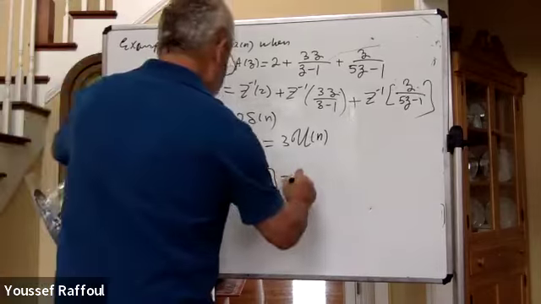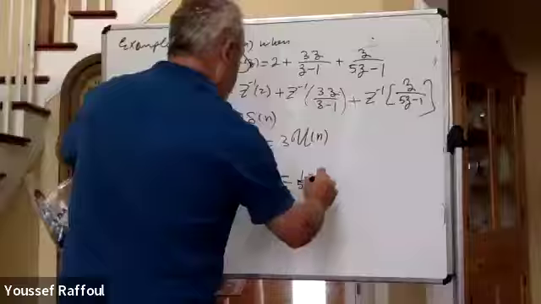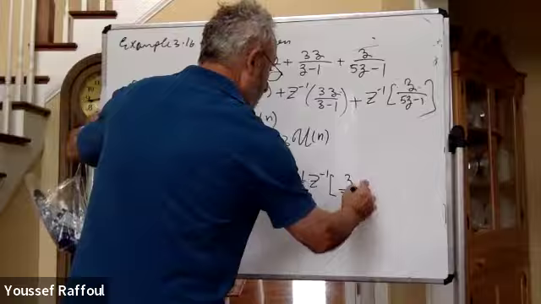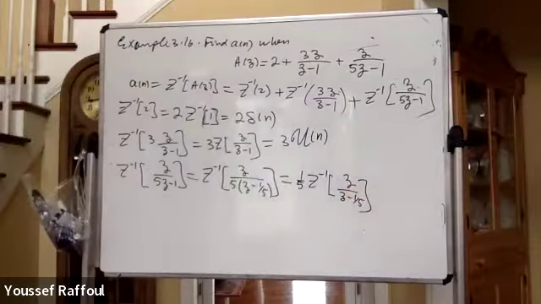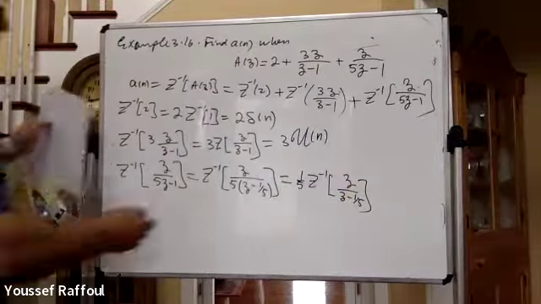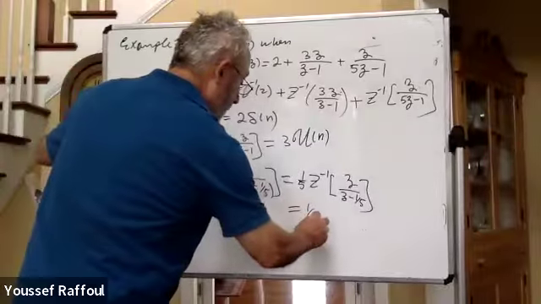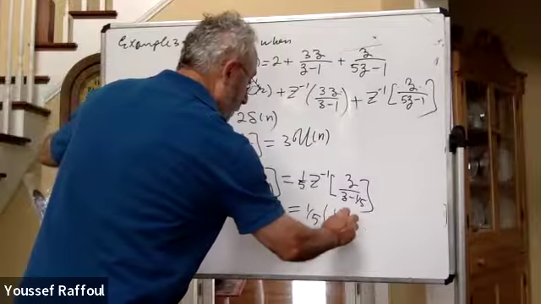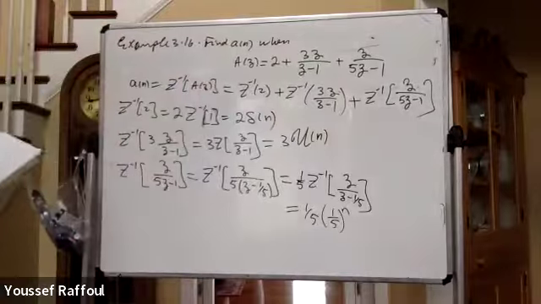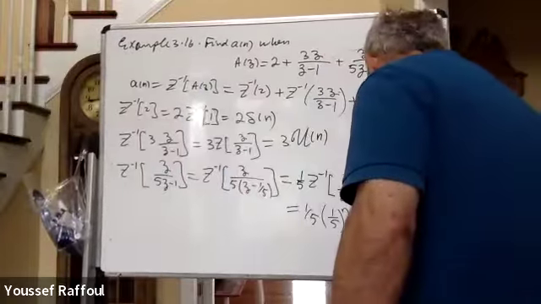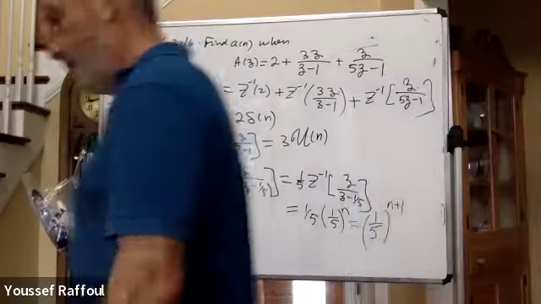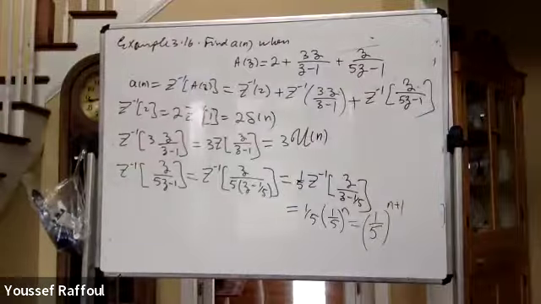And that is 1/5 times the inverse Z transform of z over (z minus 1/5). And we know that this is 5 times (1/5) to the power n. And that is (1/5) to the power n plus 1. Okay?